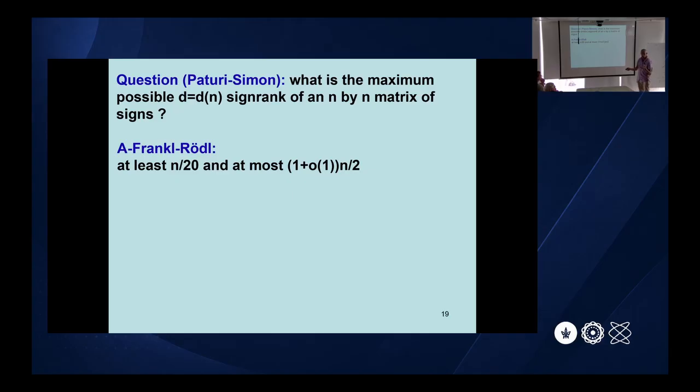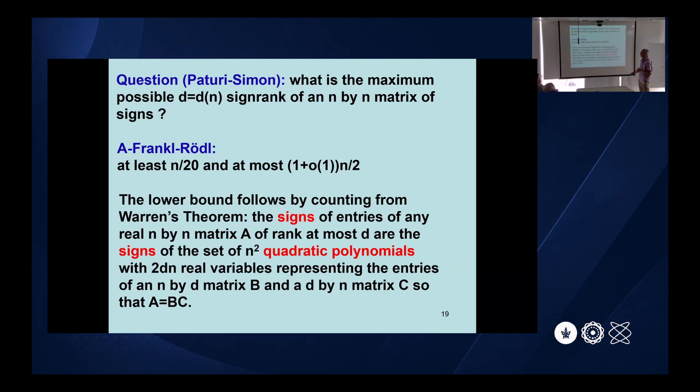And I want to show you the lower bound because it really follows in a few lines from this Warren theorem. You just count. You see, the signs of the entries of any n by n matrix A of rank at most d are just the signs of n squared quadratic polynomials. You write it as a product of an n by d times a d by n matrix. You have 2dn real variables.